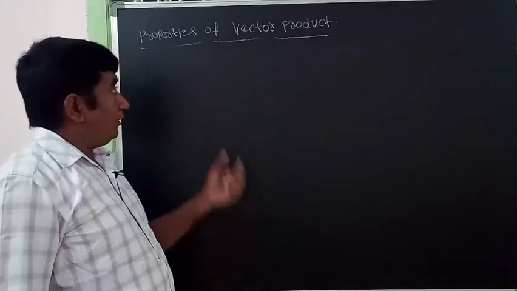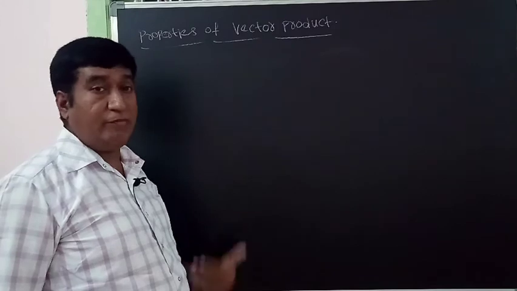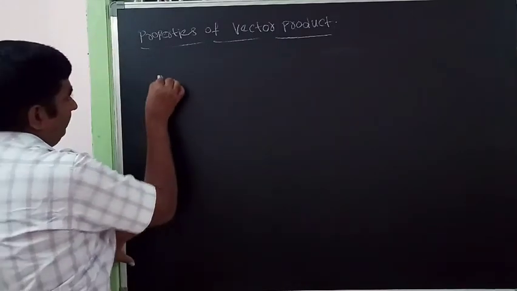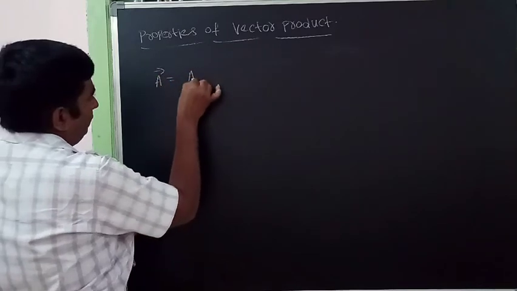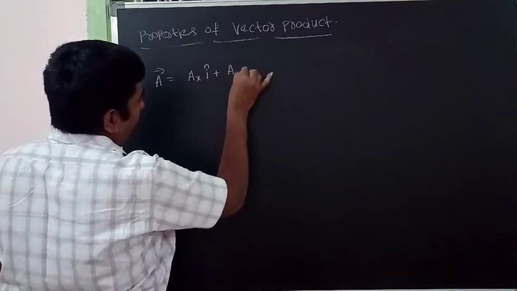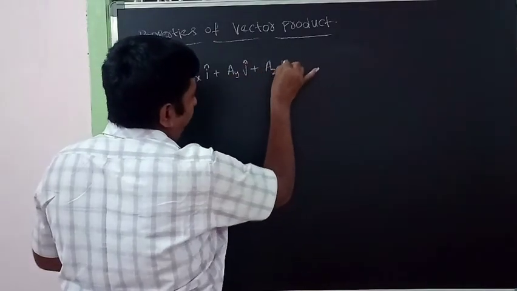So we are discussing vector product. Sir, how can we take the vector product of two vectors? Let us consider a vector equal to ax i cap plus ay j cap plus az k cap.